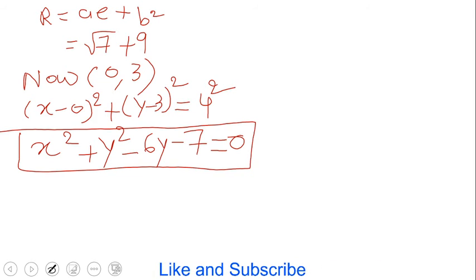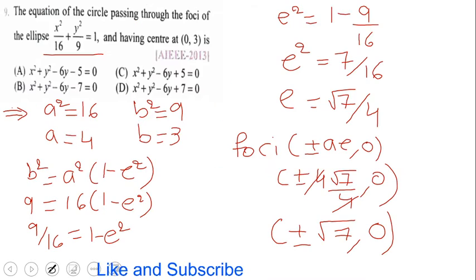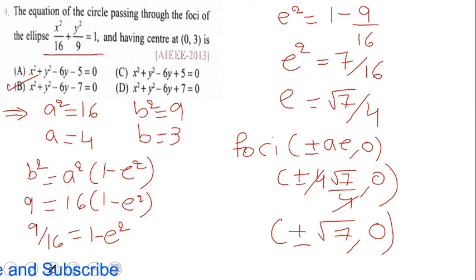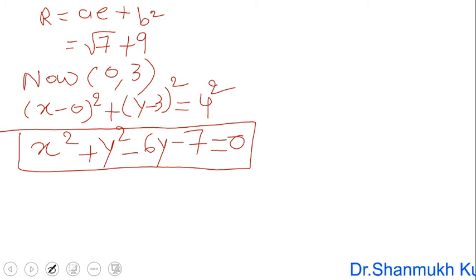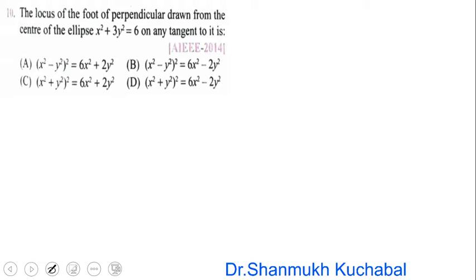Therefore, option B is the right answer. Option B is the right answer. So this is the first page solution. This is our second page simplification. Okay, we'll move to our next example.